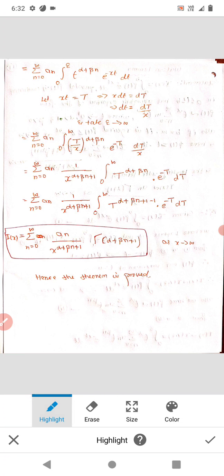Now, summation n equals 0 to infinity a n times the integral from 0 to epsilon of t to the power alpha plus beta n e to the power minus xt dt.